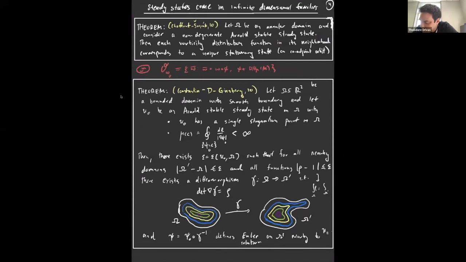One of them is by Chauffroux and Schwerak in 2010, that say, given a certain Arnold stable state on an annular domain, there's this very interesting property that if you perturb its vorticity, so you look in a neighborhood of the vorticity, each distribution function corresponds to having a unique stationary state on its coadjoint orbit.